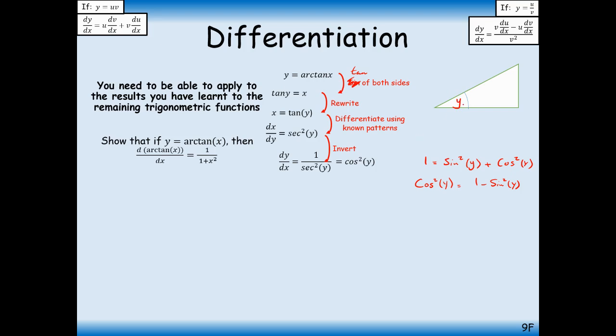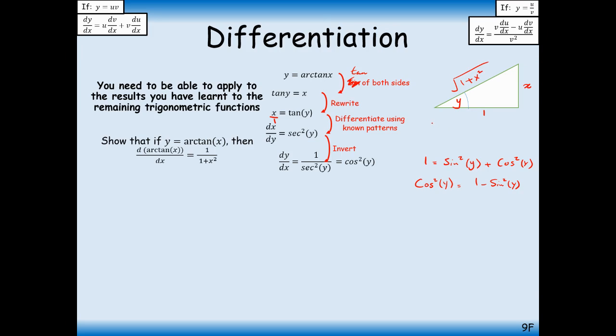In this problem, the tan of y is x. So we can think of x as x over 1. So the opposite over adjacent is x over 1. That tells us the hypotenuse of this triangle is the square root of 1 squared plus x squared.